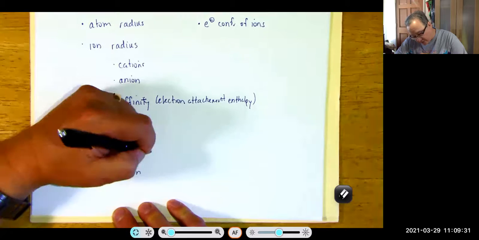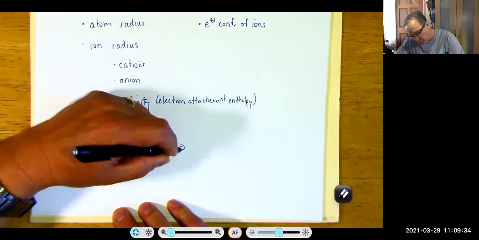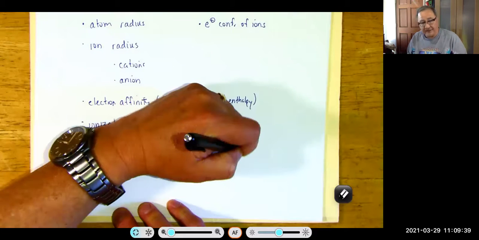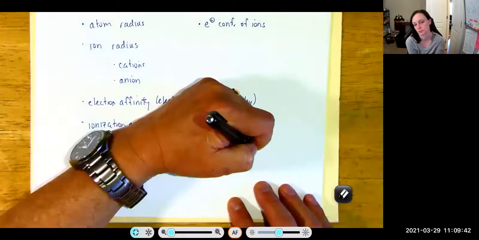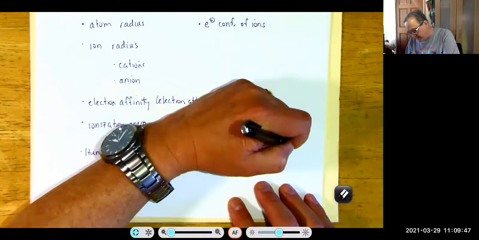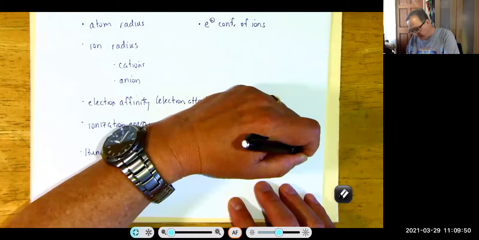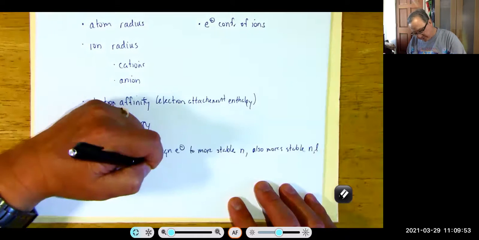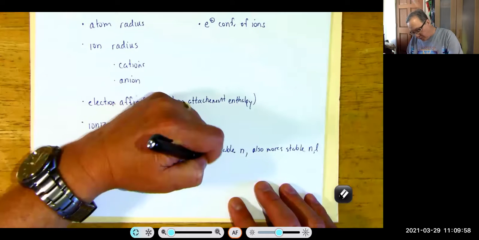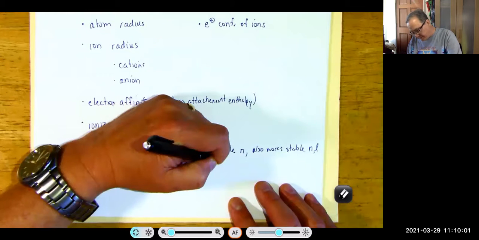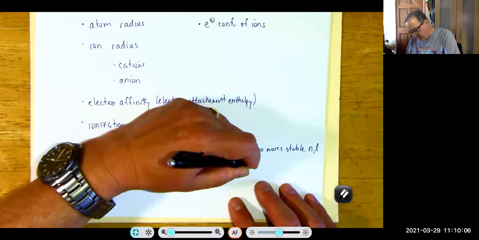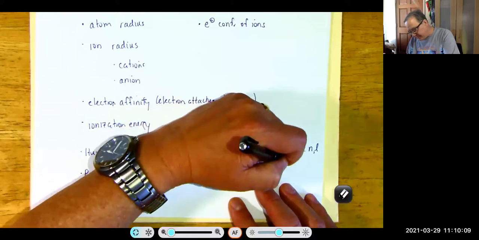So you assign electrons to more stable n, and also more stable nl first, and in orbitals, one per orbital before pairing, for orbitals of the same energy.